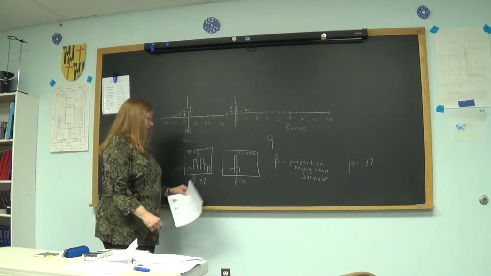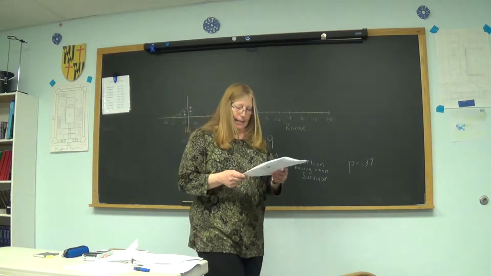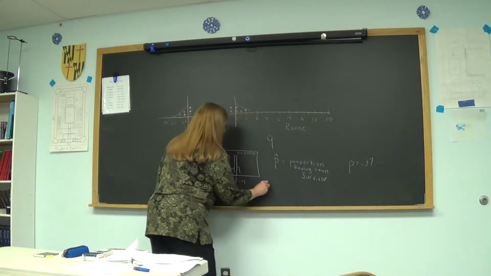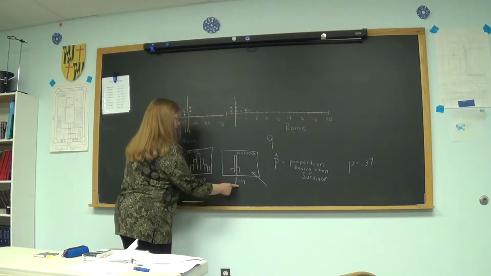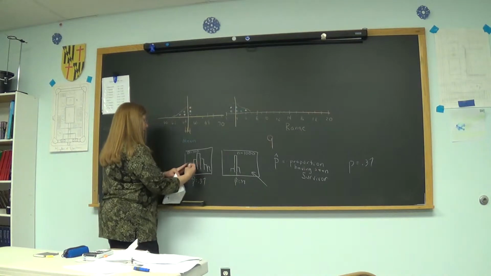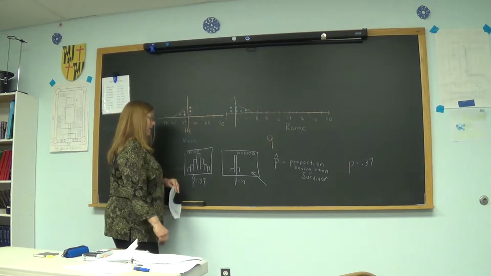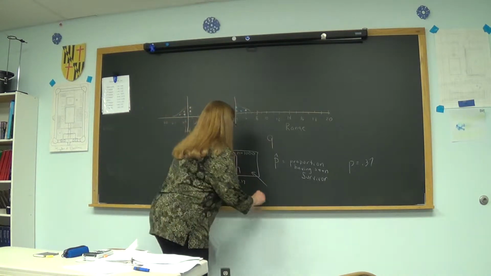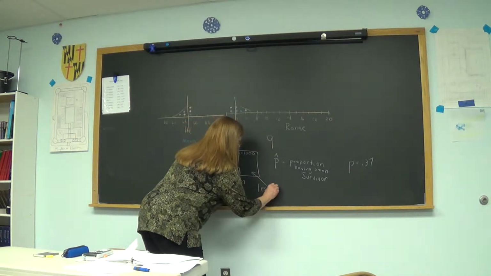So we can make an observation from that. When n was 1,000, almost all the data was very close to 0.37. Here it's spread out quite far from both sides of 0.37. So we say there's less variability in this one.